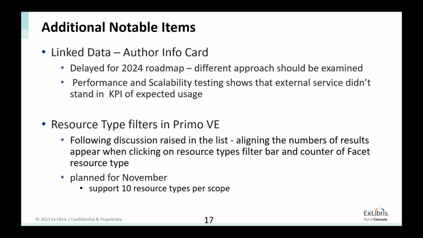We found that those services do not meet our KPI of performance on the amount of calls that we, as a platform for all of the institutions, can deliver. This is why, although the feature is actually ready for release, we decided to delay it to 2024.